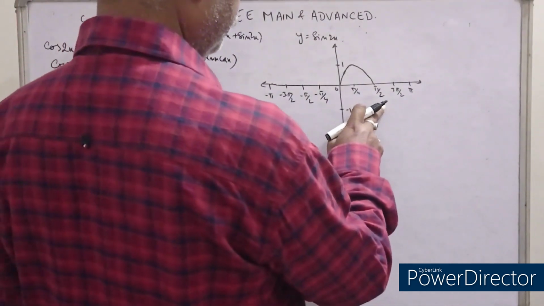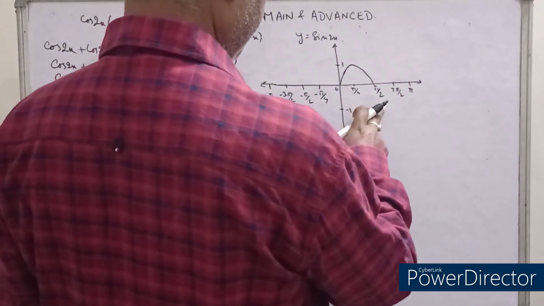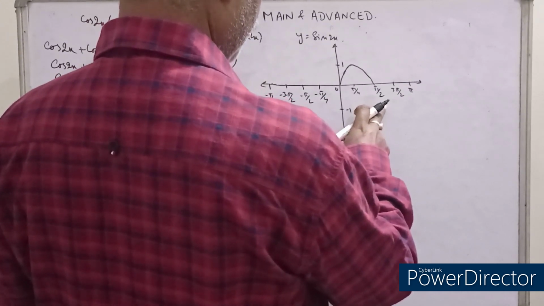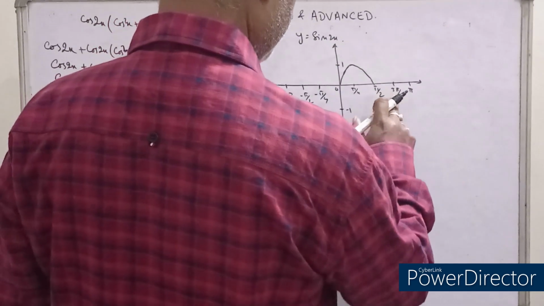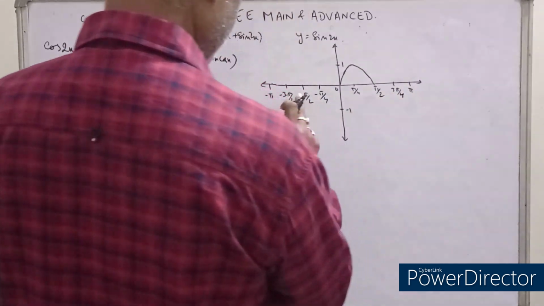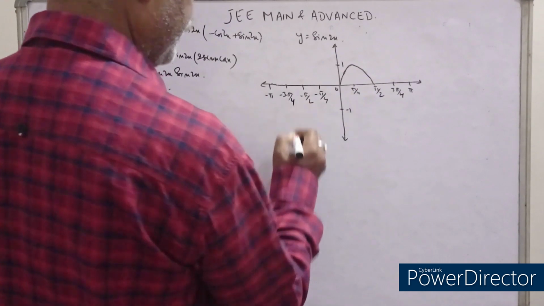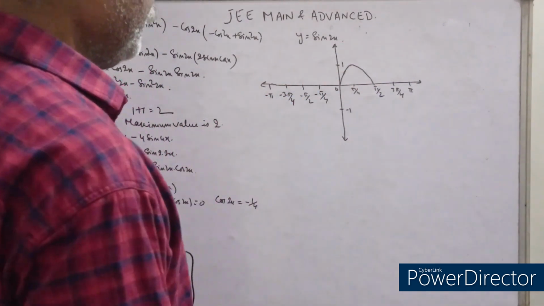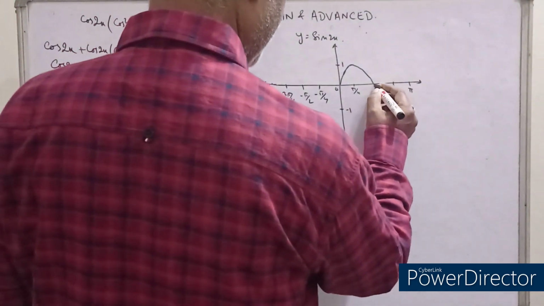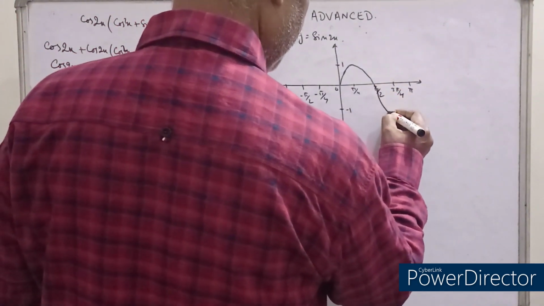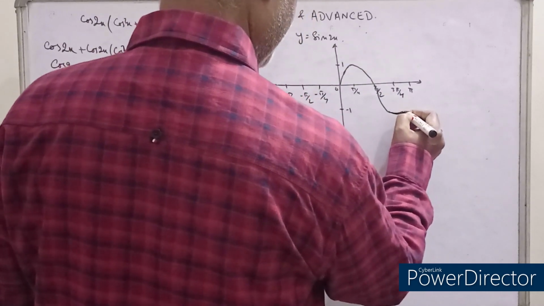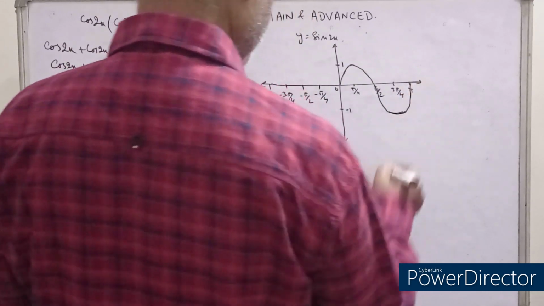So let me take this pi by 4, pi by 4. So if you take 3 pi by 2, it is minus 1. So this comes out to be minus 1 here, and again 2 pi, that is 0.